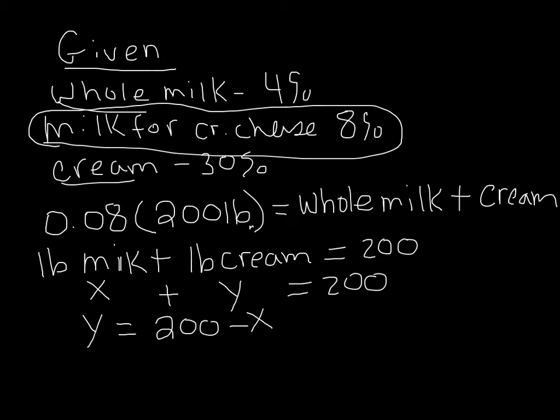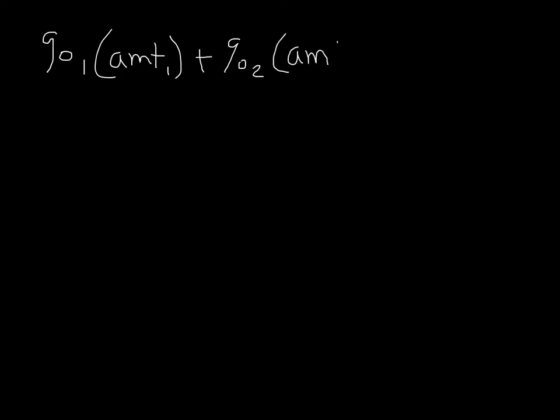I like to think about mixture problems in the following way. I like to say that the percent of the first times the amount of the first, plus the percent of the second times the amount of the second, is equal to a solution percentage times a total amount.